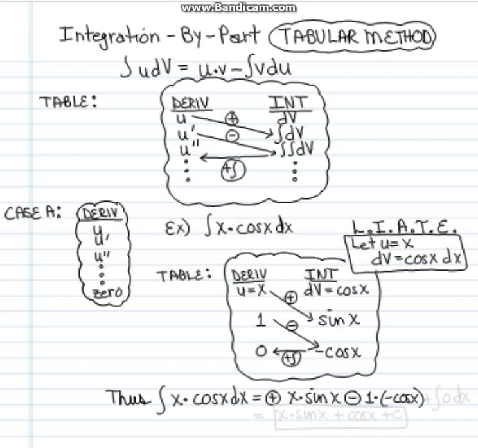Then we have a plus the integral of negative cosine x times 0 dx. Okay, so the integral of 0 is 0, so this is just equal to x times sine x. Minus and minus is plus cosine x. And now you add your c, your constant of integration, and you're finished.